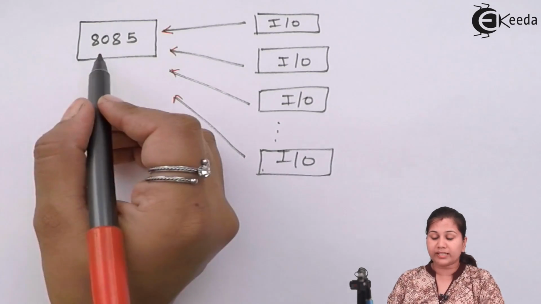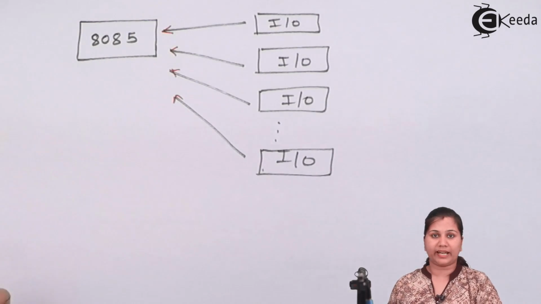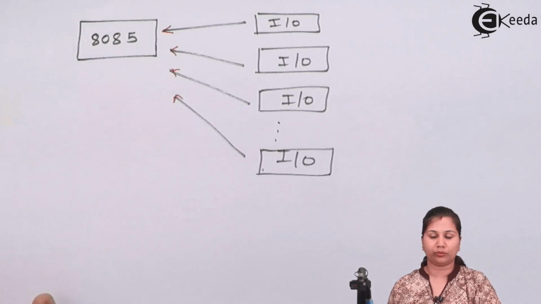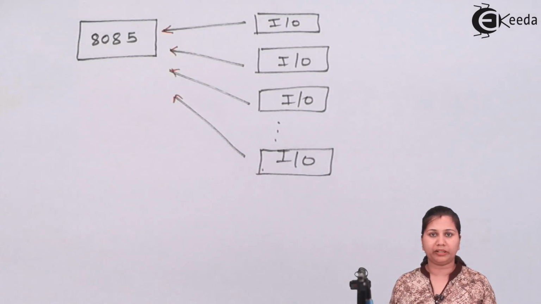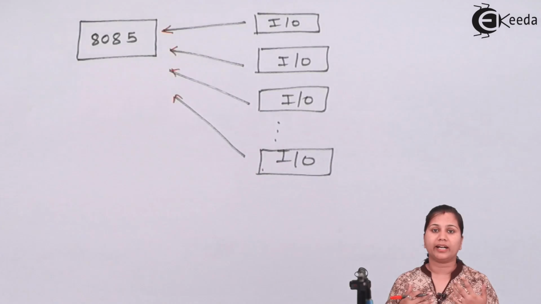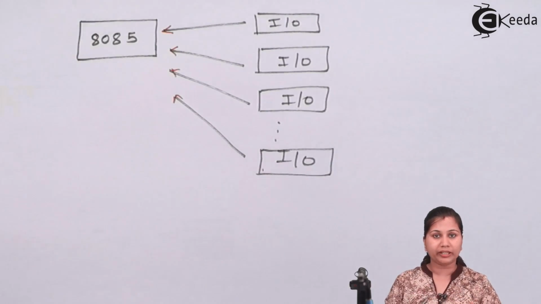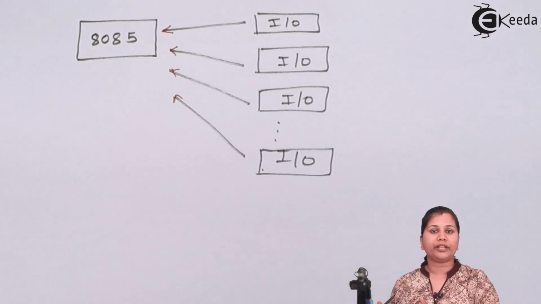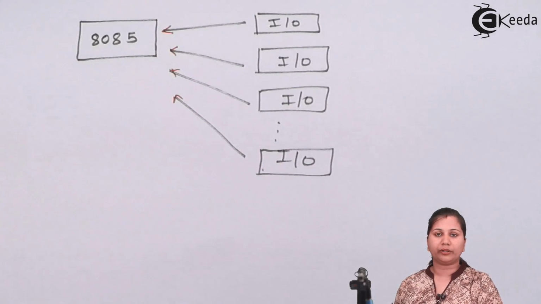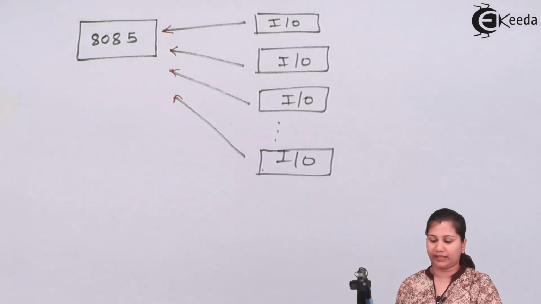Now this 8085 has to decide which of the input output devices it wants to communicate with first. Because there are many input output devices, it has to check which input output device has the highest priority. So it will first communicate with that one, and then according to the priorities, it is going to transfer the data, or communicate with the input output devices.